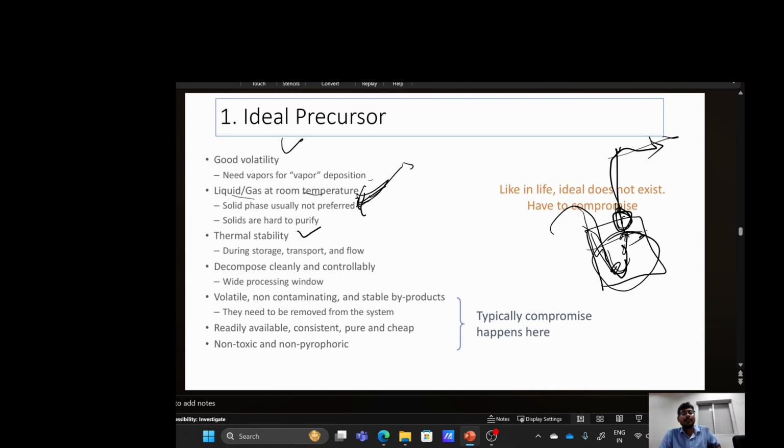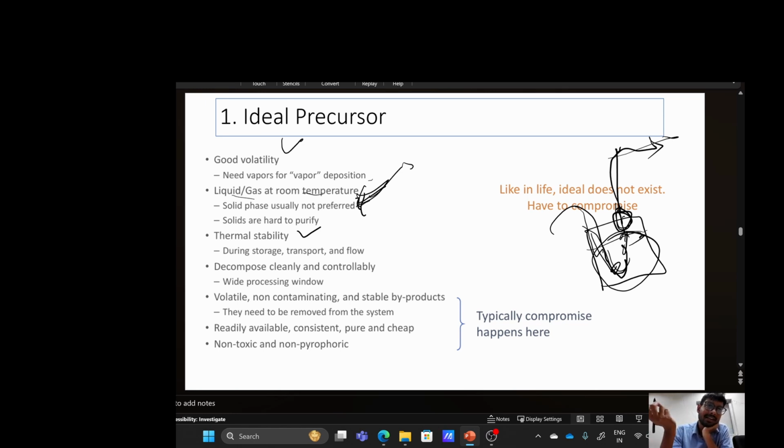Thermal stability. Most of the precursors should be thermally stable, because during transport or storage they should not degrade.